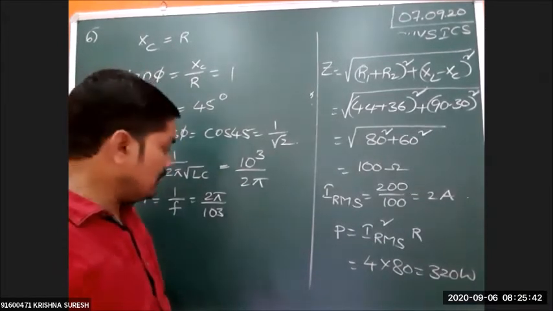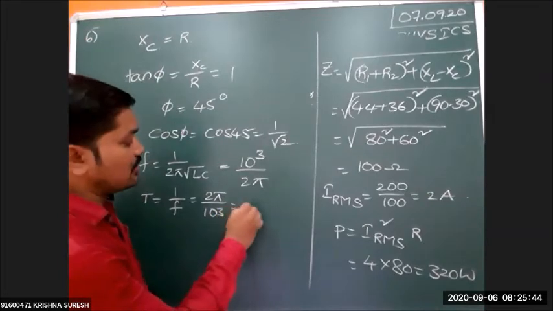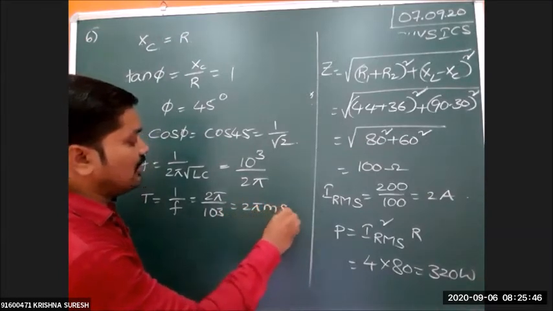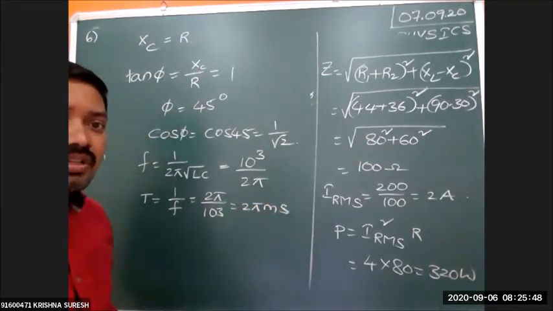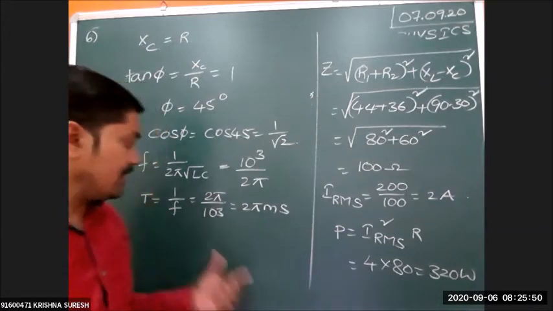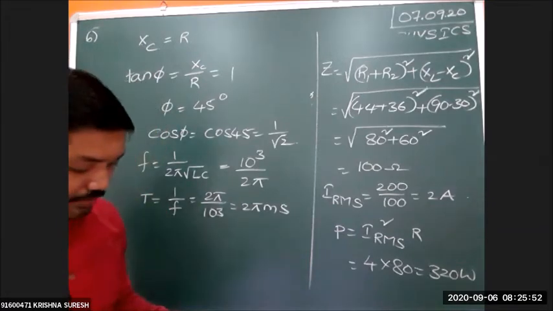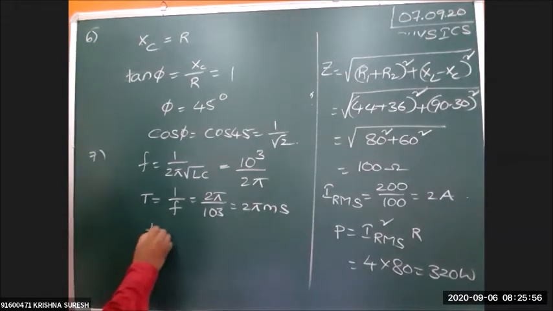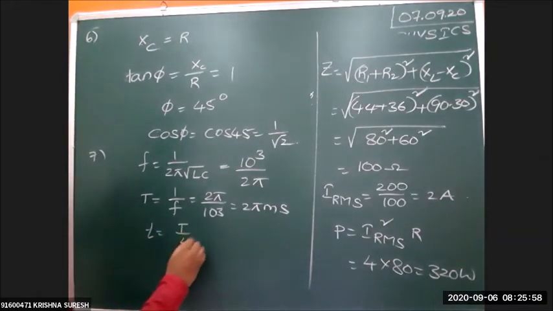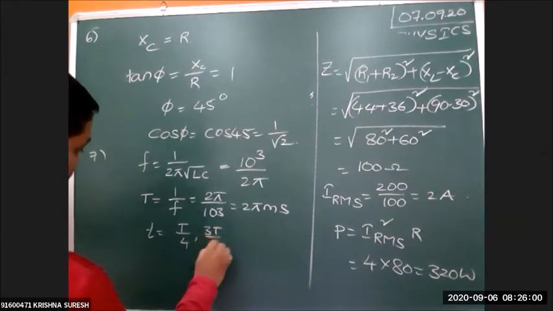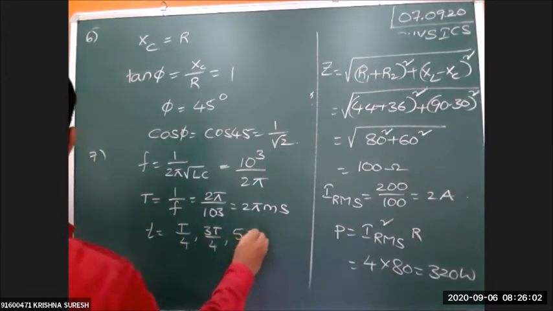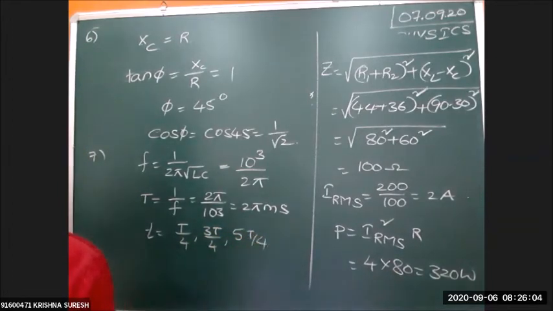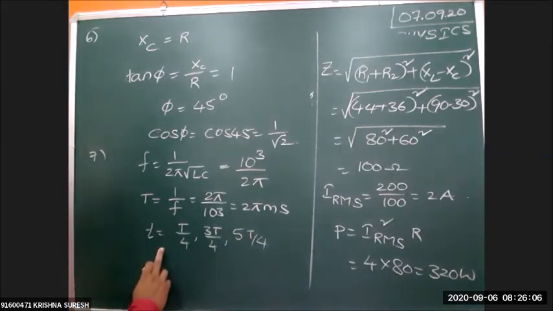That is 2 pi milliseconds, which is nothing but the time period. Now from this, the times can be written as T by 4, 3T by 4, and 5T by 4, like this. So from this we got the T value.